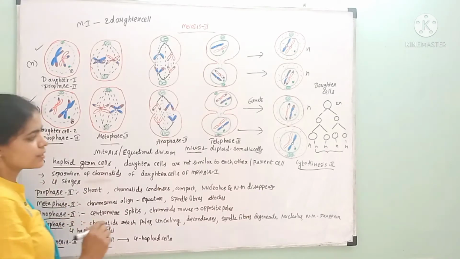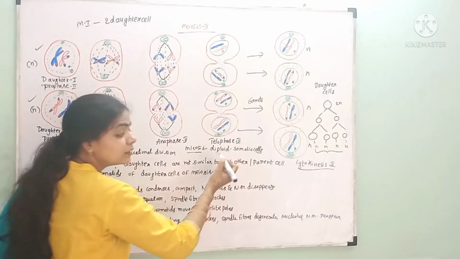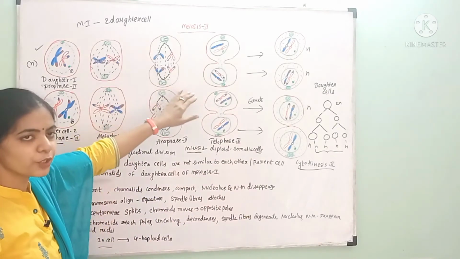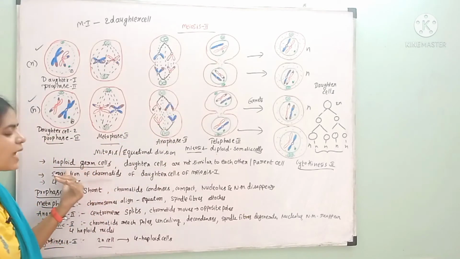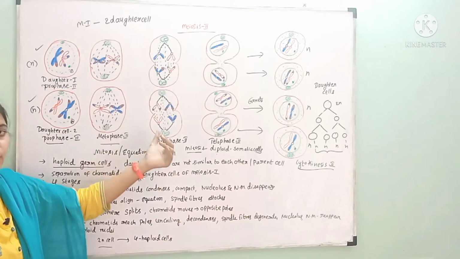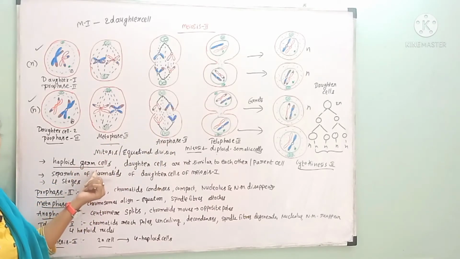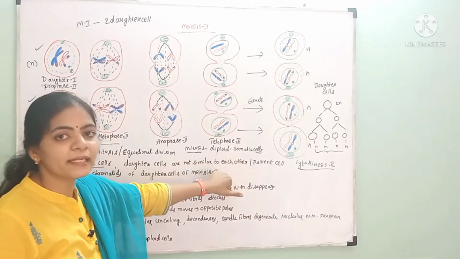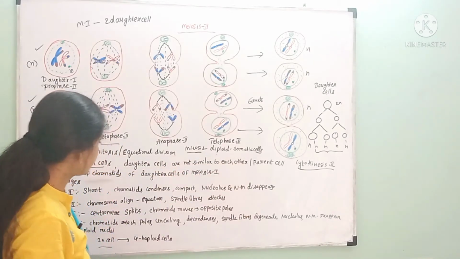Mitosis occurs in diploid somatic cells or body cells, whereas Meiosis-II occurs in haploid germ cells or sex cells.